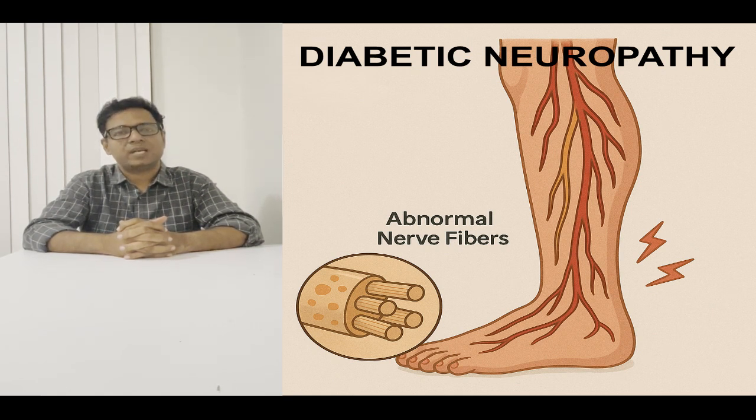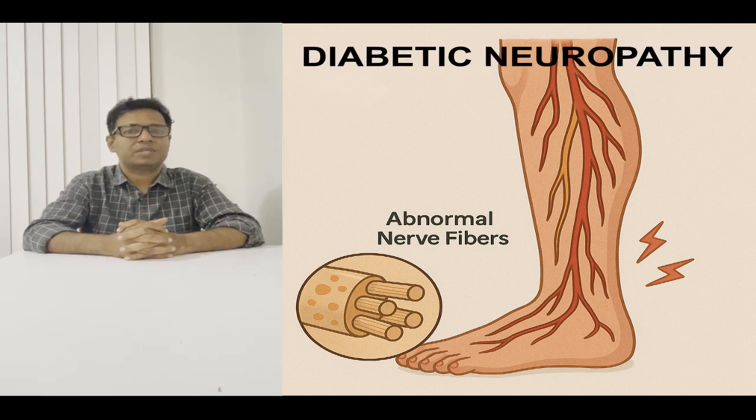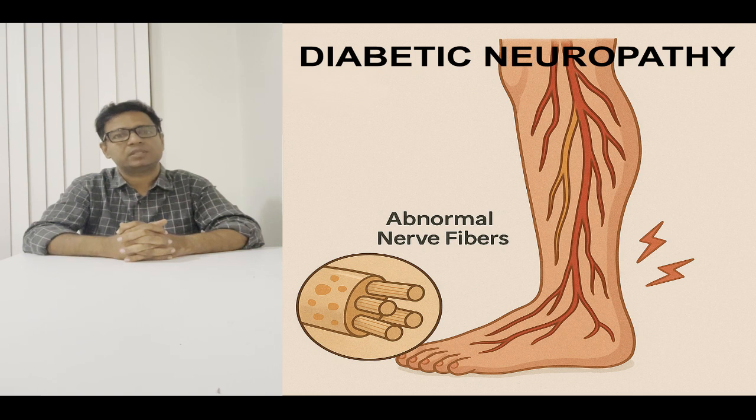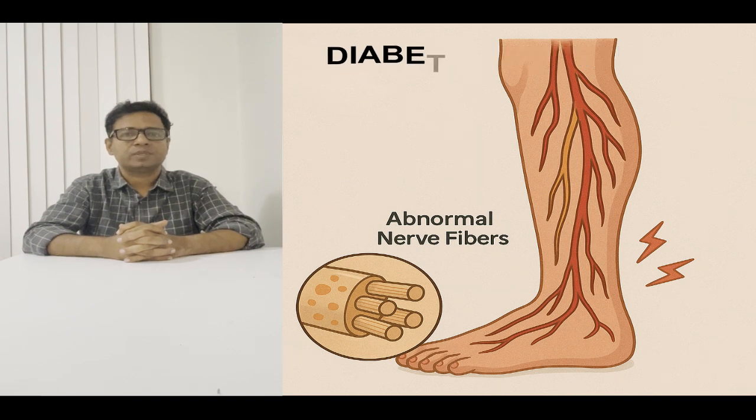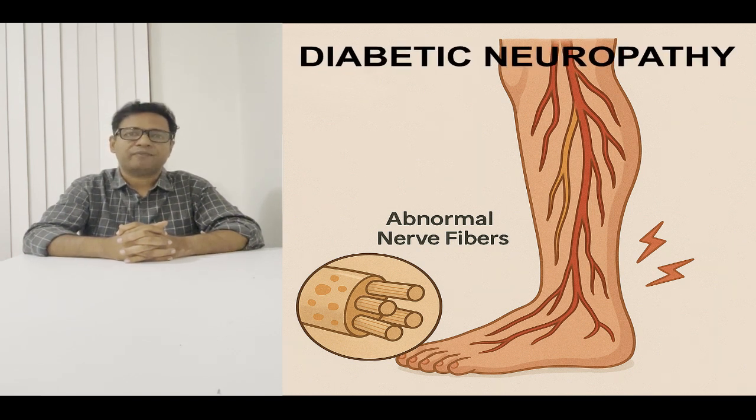It is usually detected in the early stage with a test called the monofilament test. It is a simple instrument with a filament to detect affected sensations in the foot.